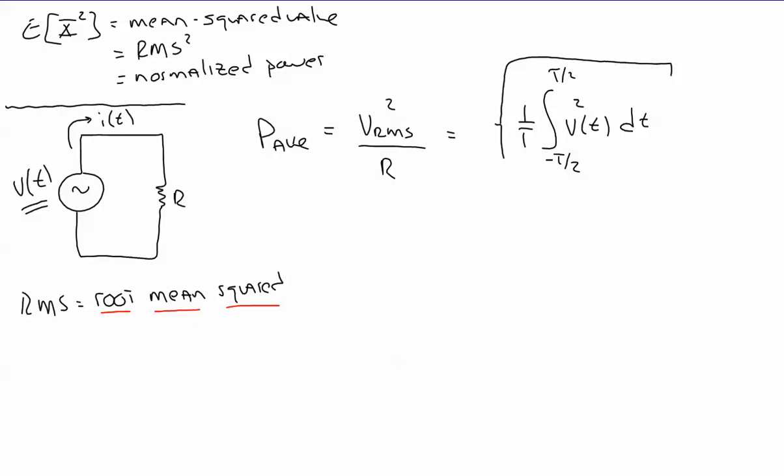That's the DC equivalent voltage. Hopefully you recall that from some circuit analysis example or course. Then to find the power, I divide by resistance. If R is 1 ohm, we have what's called the normalized power.